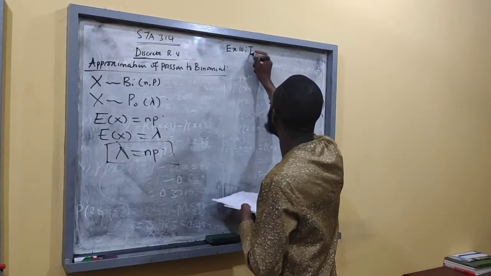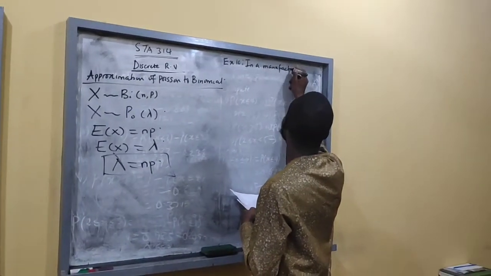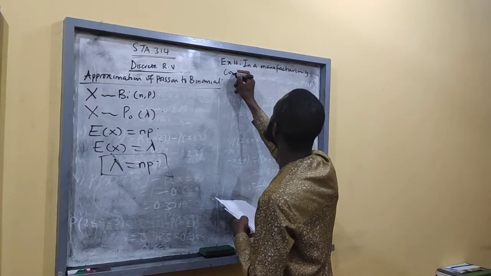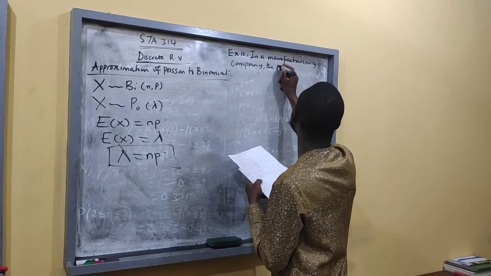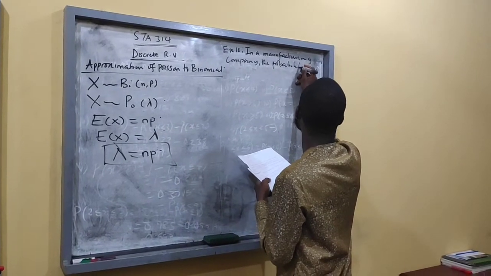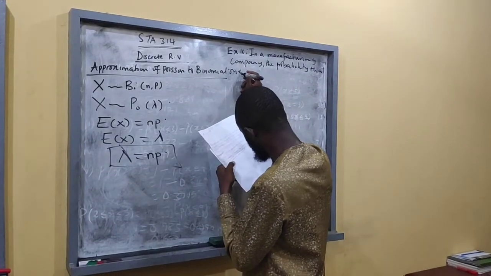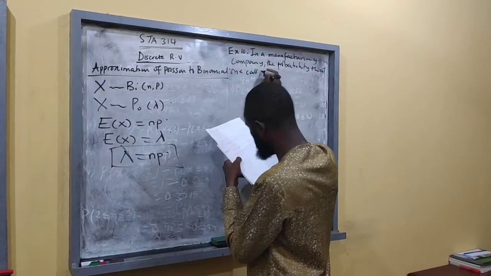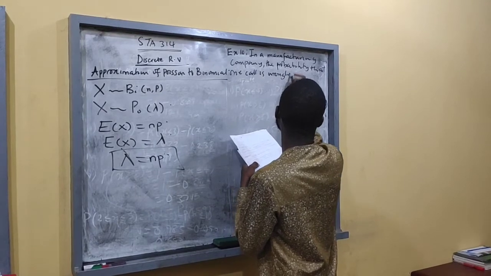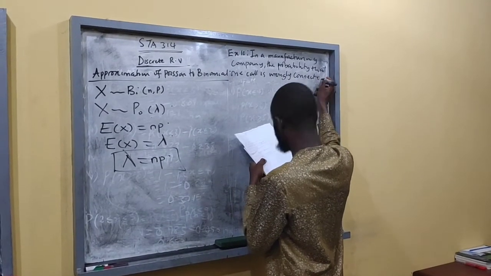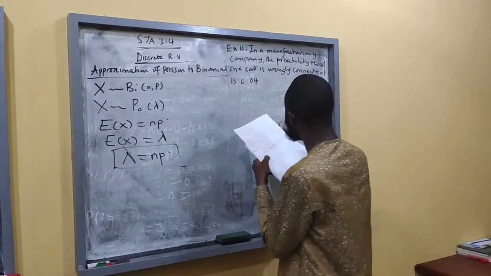In a manufacturing company, the probability that one call is wrongly connected is 0.04 for a day.